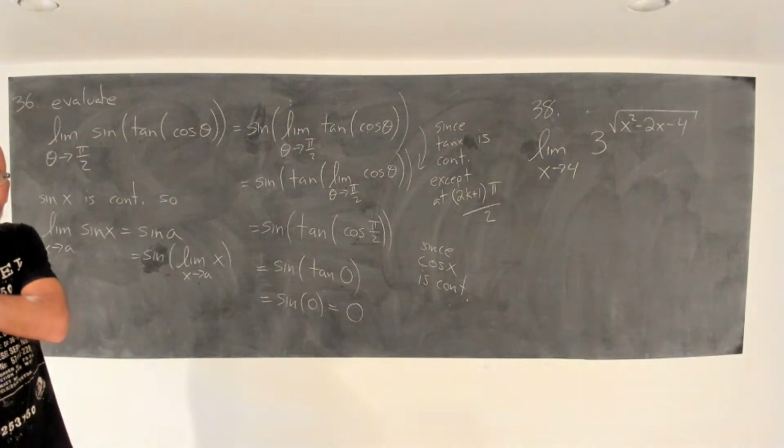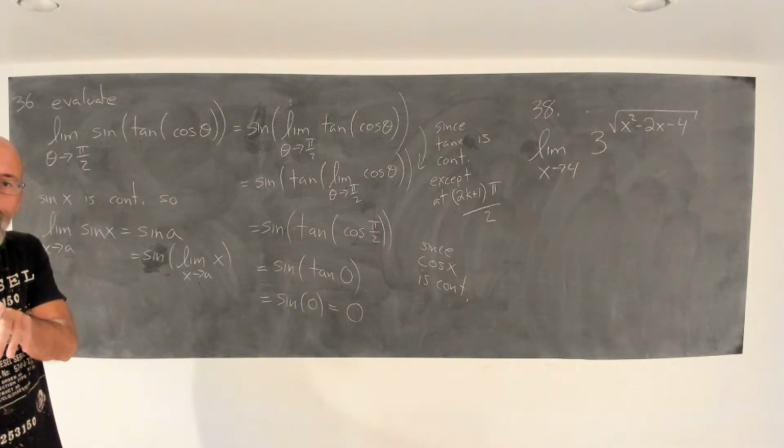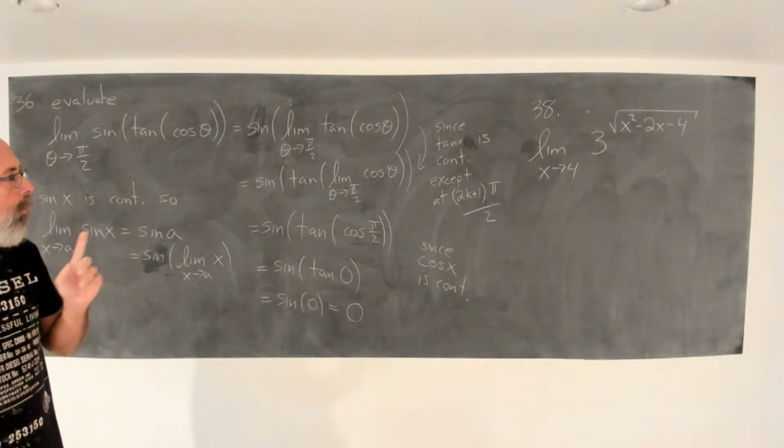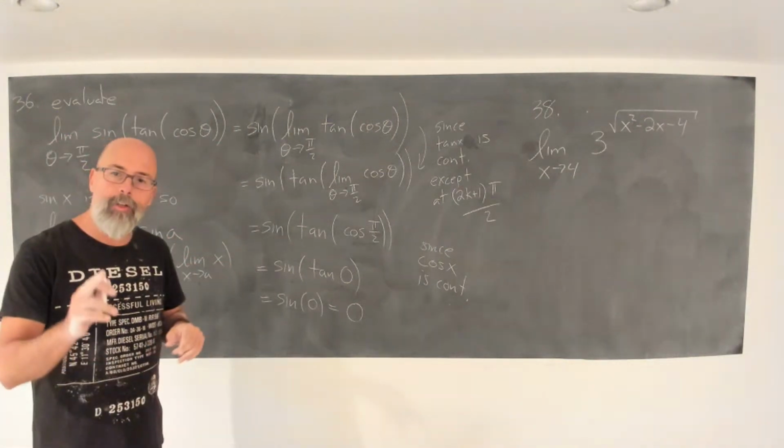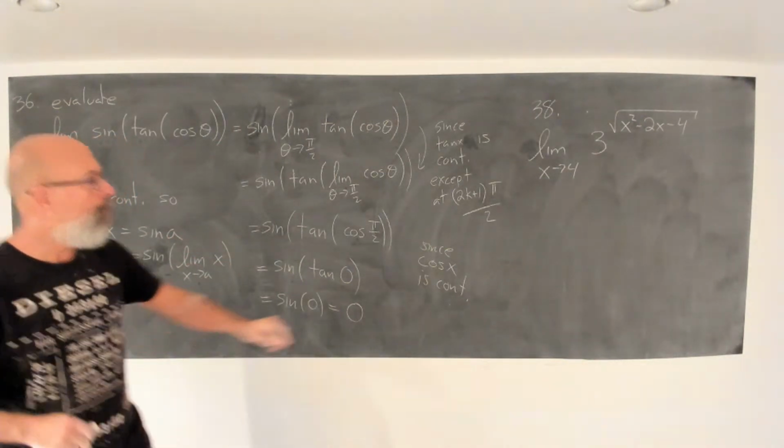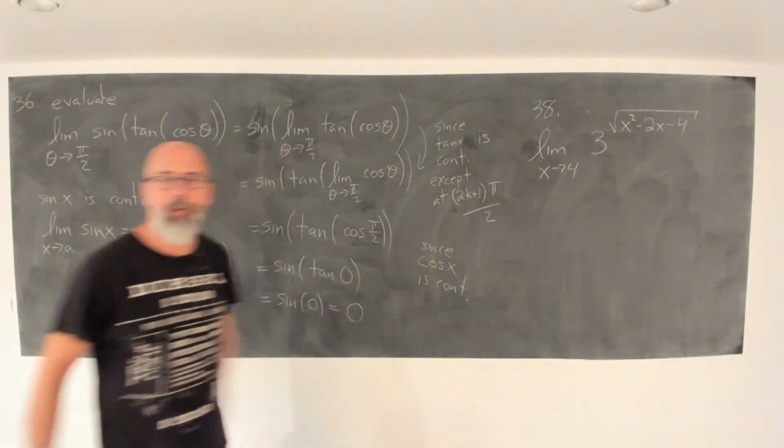So is tan considered a function with a removable discontinuity? No. Tan is a function with infinite discontinuities at odd multiples of pi over 2.